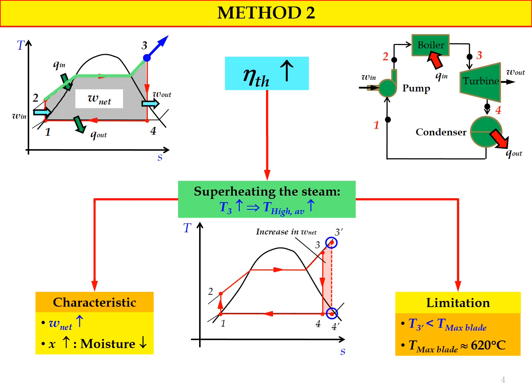The typical value of the maximum temperature for the turbine blade is around 620 degrees Celsius. So this is the maximum value. In actual conditions, if you want to increase the temperature of T3 or T3 prime, you need to make sure that the temperature is lower than 620 degrees Celsius.